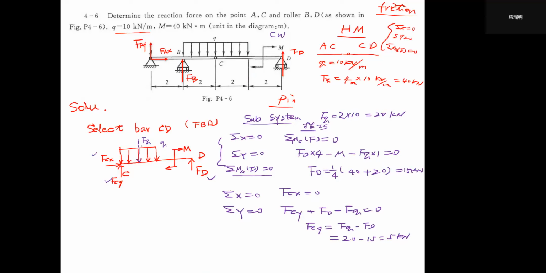For choice one, this time we select AC as the object to be studied. So we have FAY here, FAX here, and we have FB here.